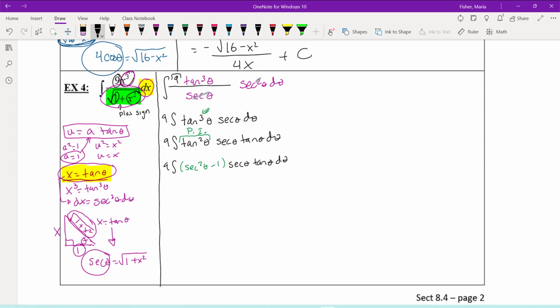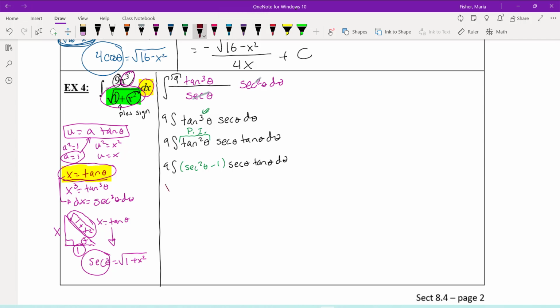So all of this is things that we learned in section 8.3 when we were looking at trigonometric integrals. When tangent is odd and positive, we save a secant tangent, convert everything else to secants, and we become a power of the secant. Now that we've done that, we make that substitution. Since I'm already using the letter u, I'm going to use a different variable. Let's use the letter w.